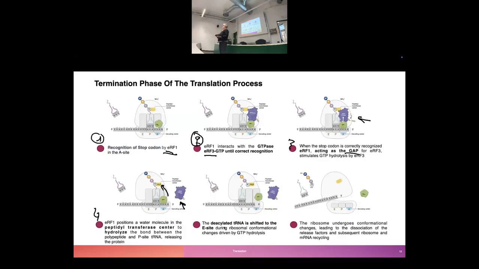At this point, the small subunits can start again the interaction with a new mRNA, and the cycle will start again from initiation to elongation to termination.